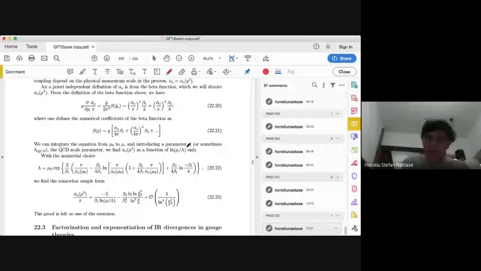We can introduce a parameter lambda, sometimes called lambda QCD, the QCD scale parameter. And then we find, because mu has dimensions, right? So because of this, I have to define alpha strong as a function of mu divided by something.